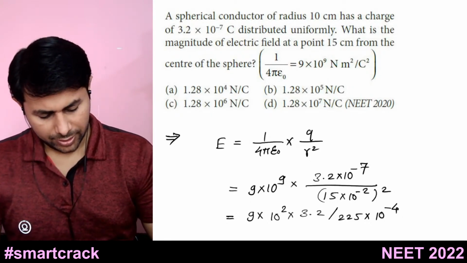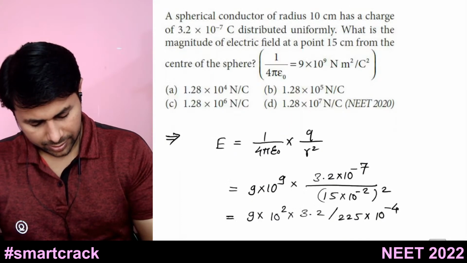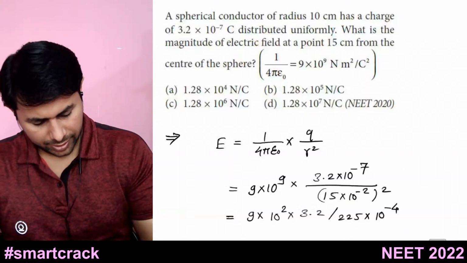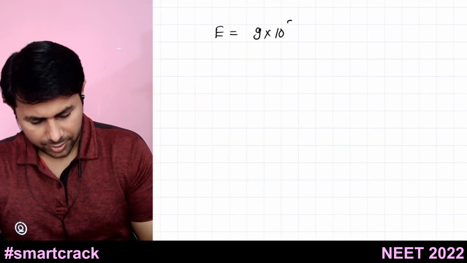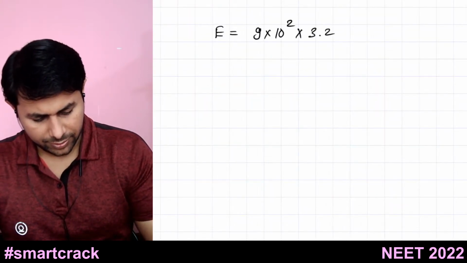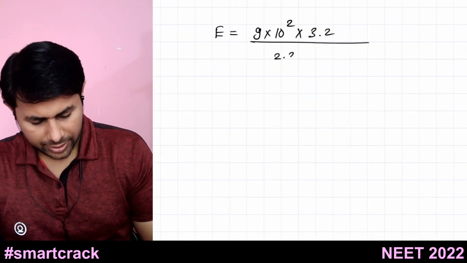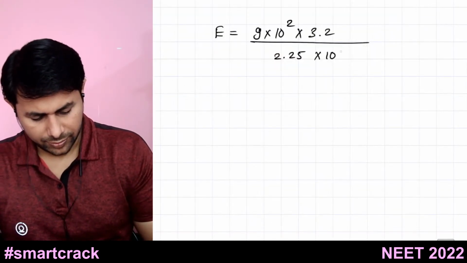So E equals 9 into 10 raised to 2 multiplied by 3.2, divided by 2.25 into 10 raised to minus 2.